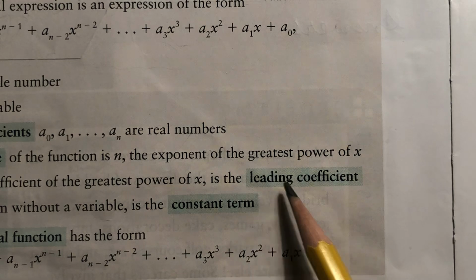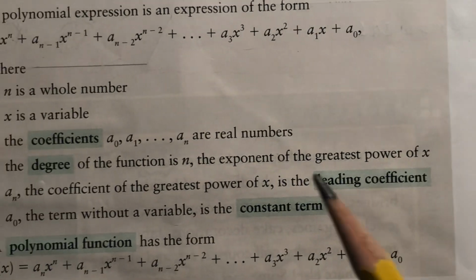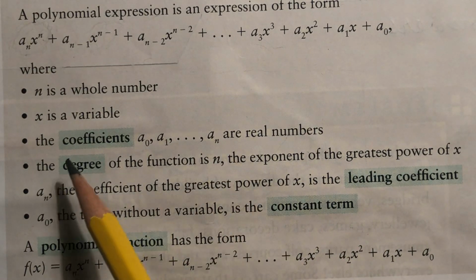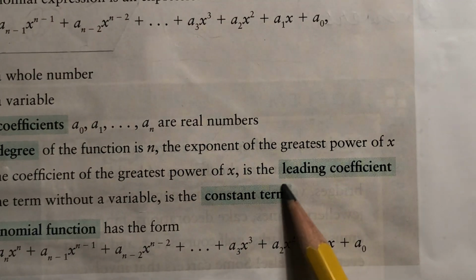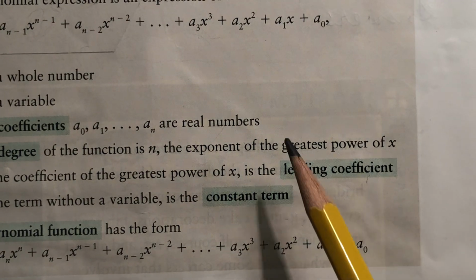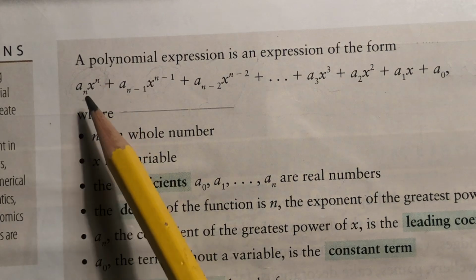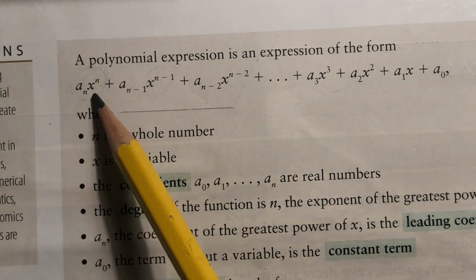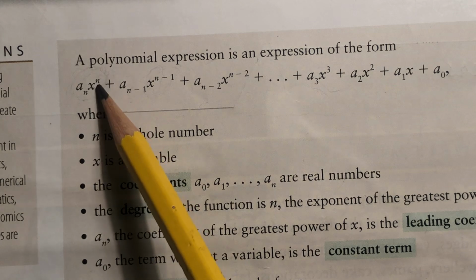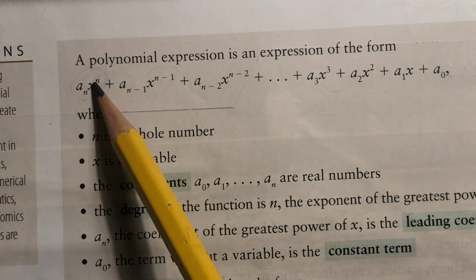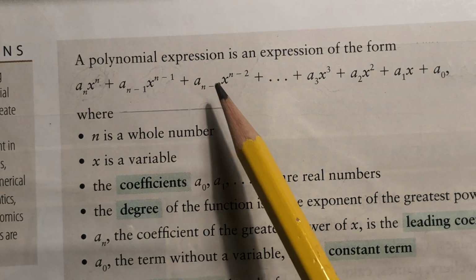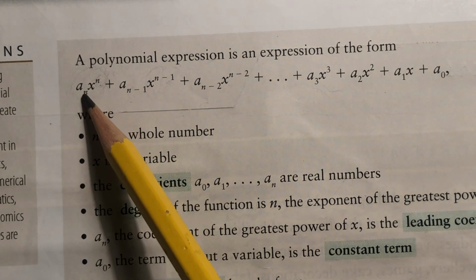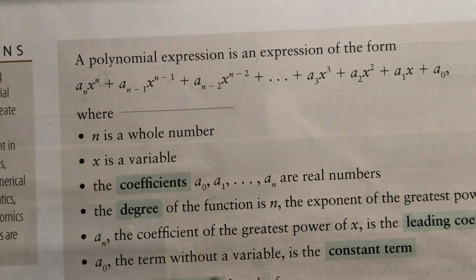Okay, we explained what are coefficients, what is the name degree. Another name is called the leading coefficient. All the a's are called coefficients. One of the a's is called the leading coefficient. The leading coefficient is the a before the highest exponent. If this exponent is the greatest, all the other exponents are less than that, then this a is called leading coefficient.